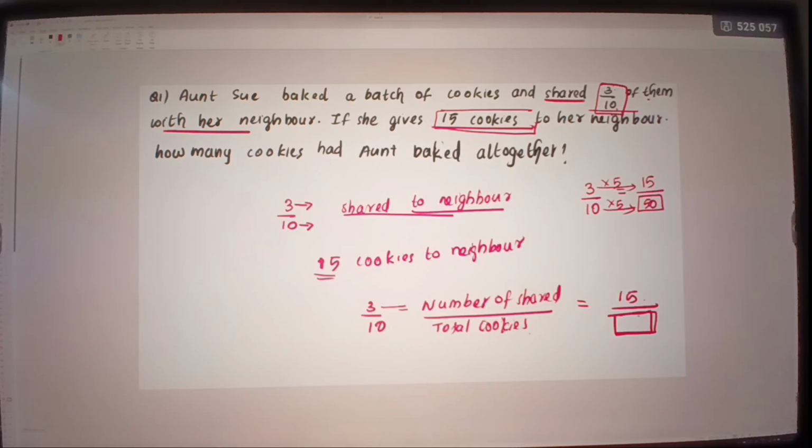The numerator shows the shared thing, and 10 means the number of cookies she made. So 3 is the number of cookies she shared, and 10 shows the number of cookies she made.